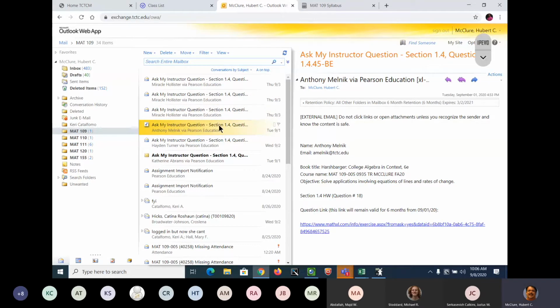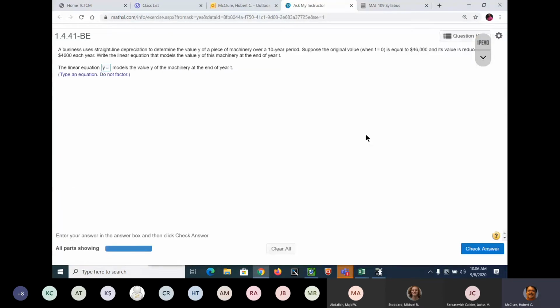So here are 2 single questions. Okay, 1.441 in the book, number 16 online. First of all, is this a test question? I have no idea. I guess it could be. It says, a business used straight line depreciation to determine the value y of a piece of machinery over a 10-year period.